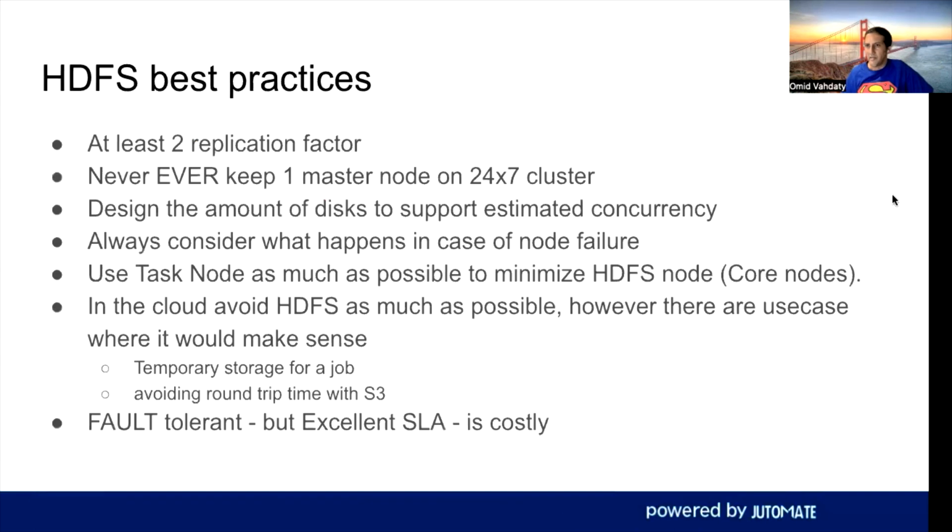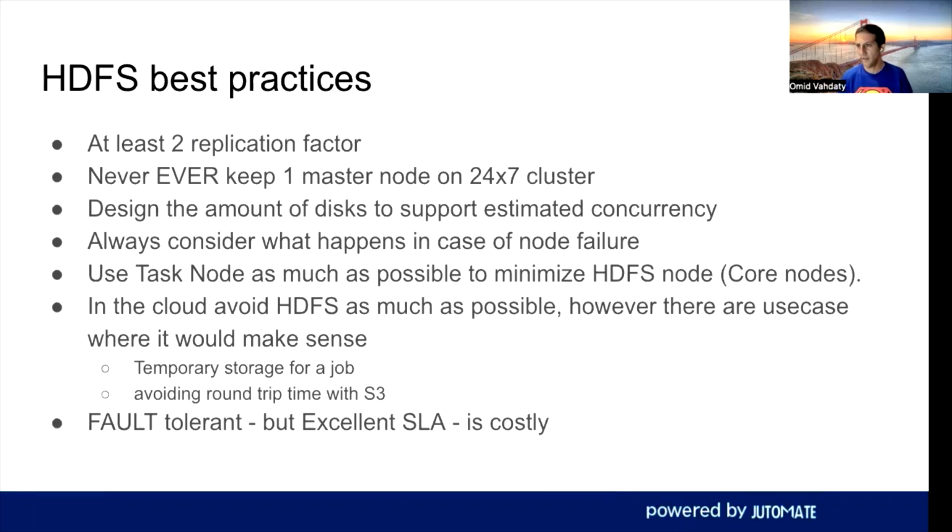So best practices. Always have at least 2 replication factors. You can set it to 3, which is also a common practice in some use cases, but naturally you will be storing 3 times the amount of data you expect. And you need more machines for that, meaning at least 3 machines.